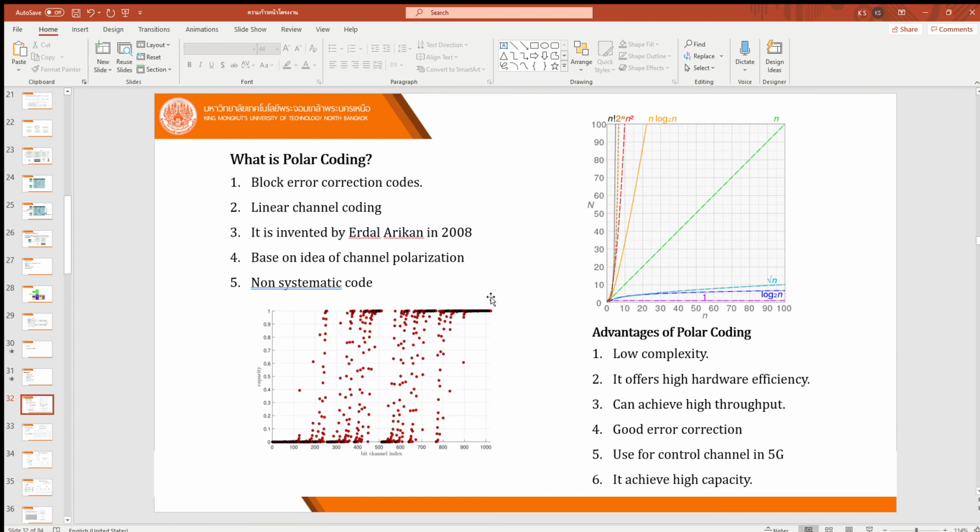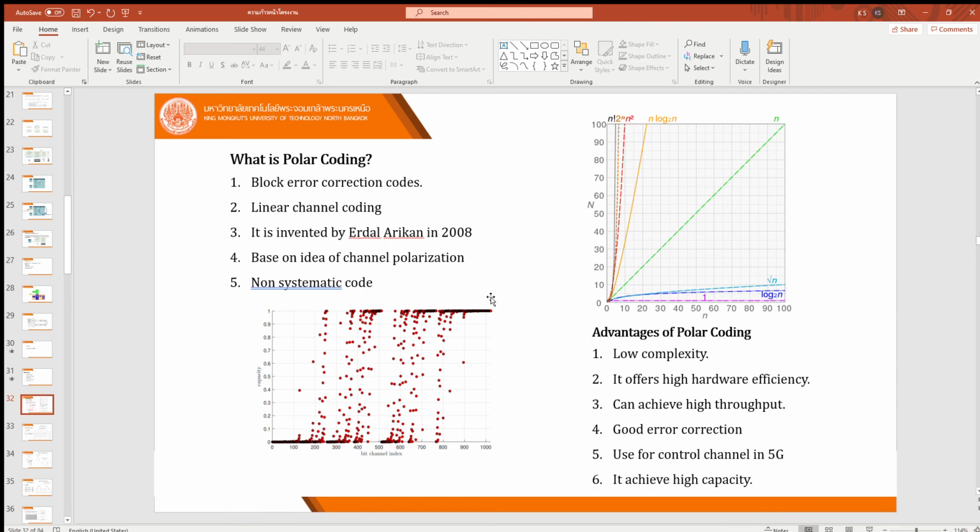Polar coding is a block error correction coding, a linear channel coding. This coding was invented by Erdal Arikan in 2008 based on the idea of channel polarization, and it is a non-systematic code.